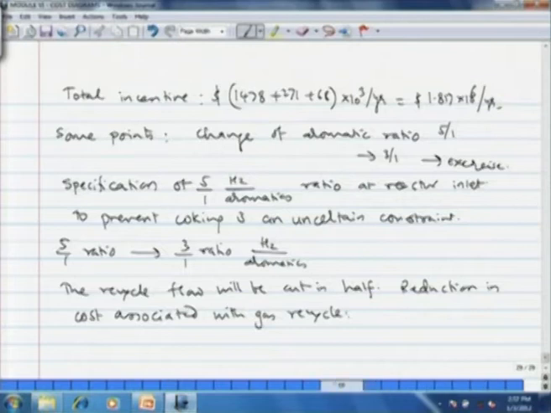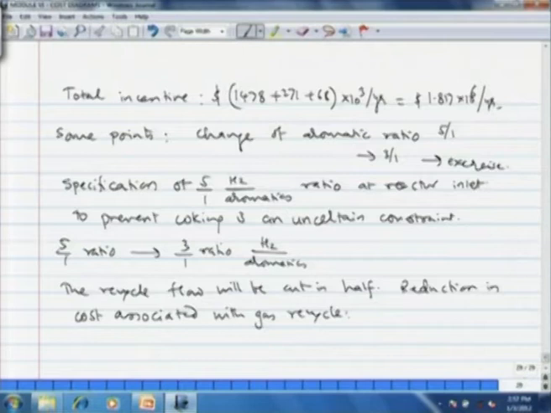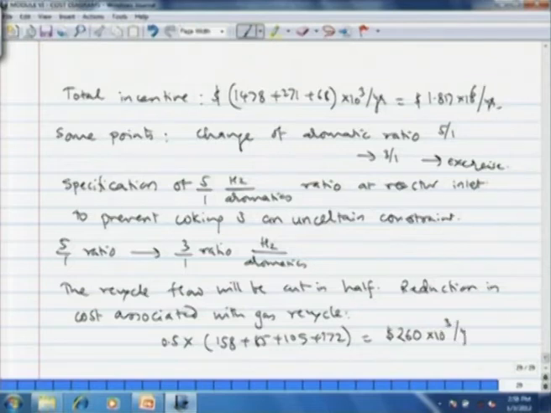So, going back to the cost allocation diagram, we find the cost allocated with gas recycle, gas compression, heating, etc., and then we multiply that by half. Okay, 158 plus 85 plus 109 plus 172. So, together this gives a saving of $260,000 per year.